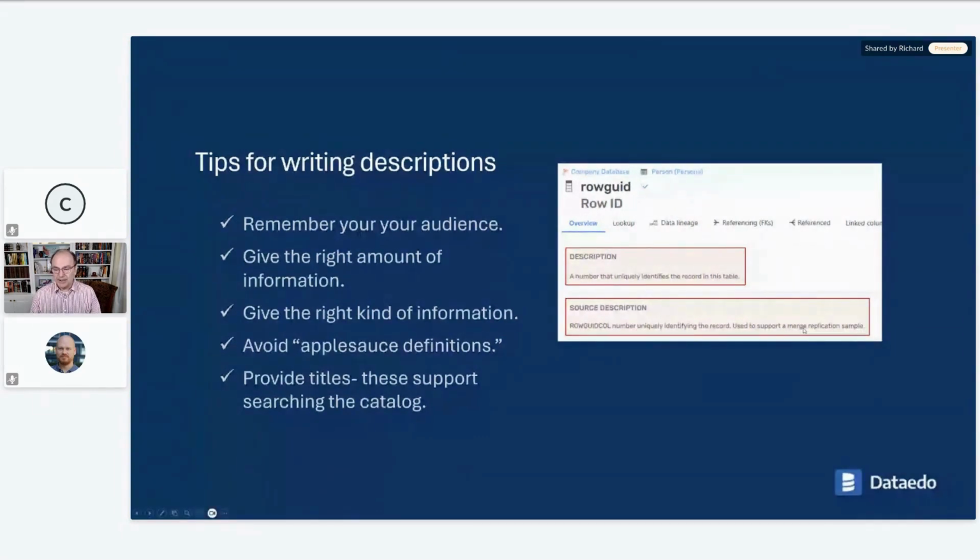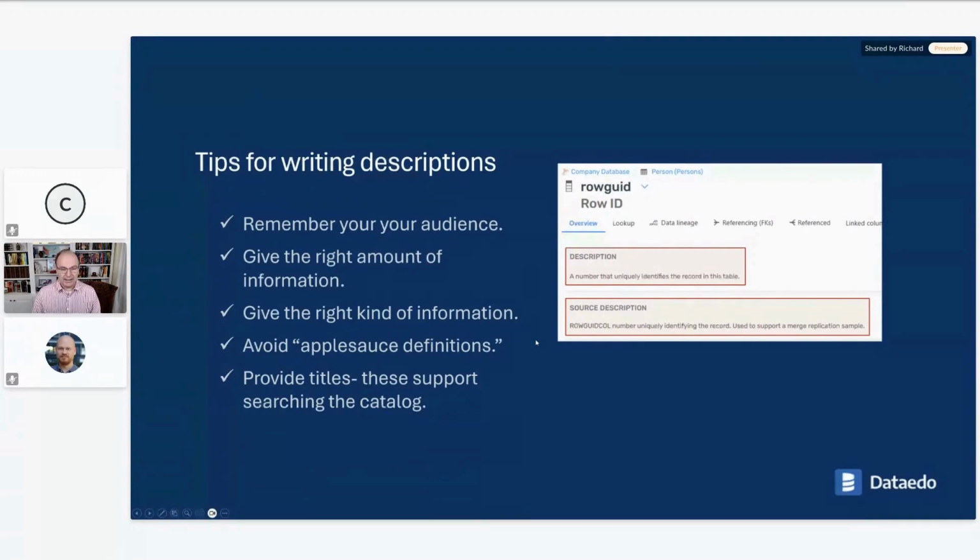It's fine. But if you want to give that description to a business user, they're going to look at this and they're going to think they have no idea what it's talking about. It may as well be written in another language. Probably the only word they're going to recognize in that entire description is the word unique. Everything else, it's just not understandable for them. So remember your audience and provide a description that speaks to them. Give them the information that they need in language that they understand.